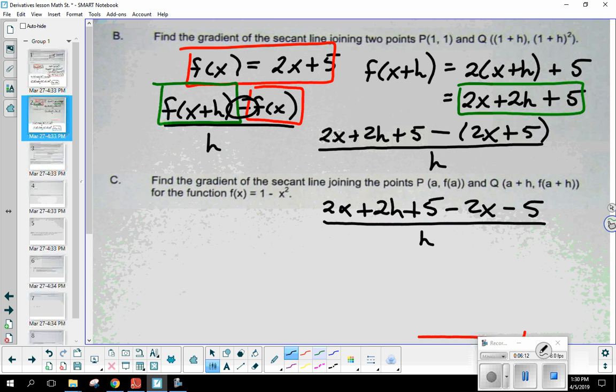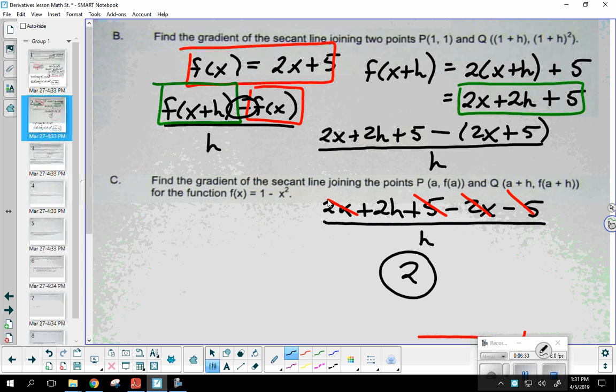And do we notice anything in the numerator? Typically, at least one pair of terms should cancel. You'll probably have more. So the 2x's are out. The 5's are out. So this one was actually pretty nice to me. When the h's cancel, that one's just 2.